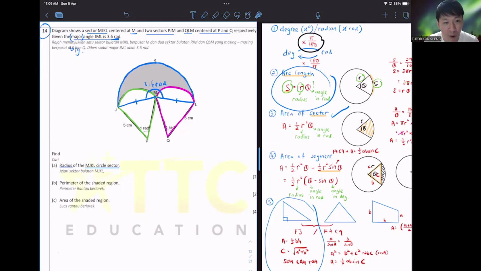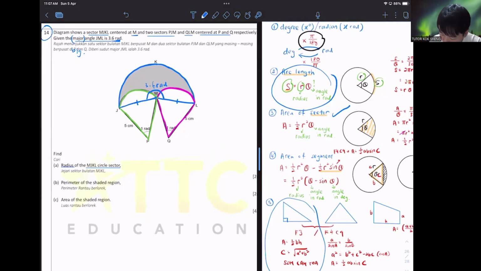5 and 1 red, we can choose either one, they give the same answer. I choose the left side one, the green one. This length is a straight line, not the arc length, so obviously we are not using that formula. Not finding area of sector, not finding segment.